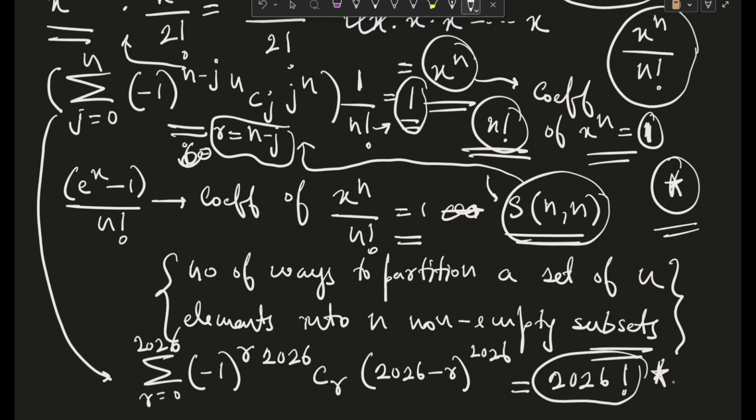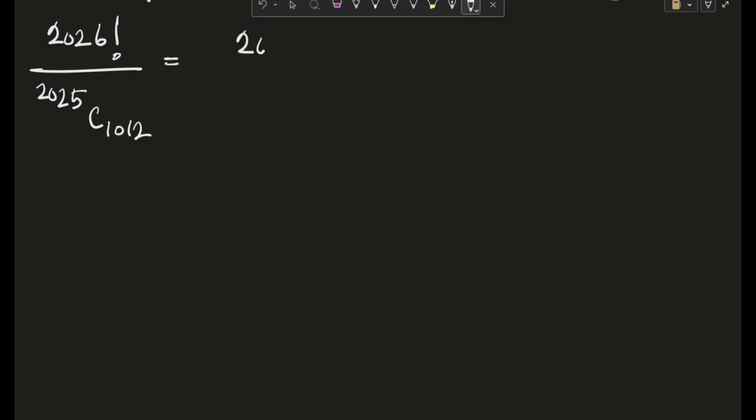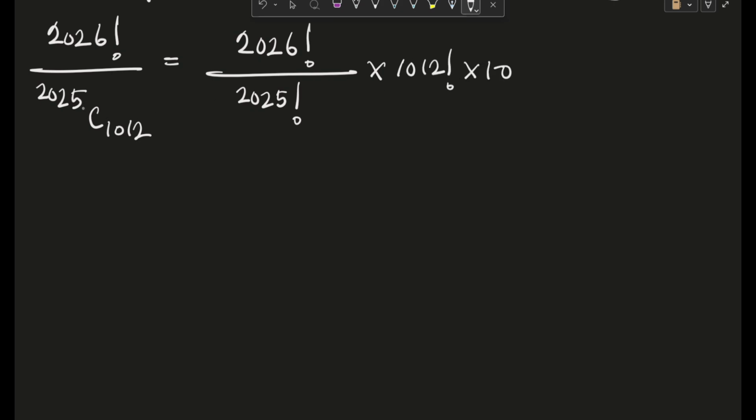So now we can just evaluate the expression and find the answer quickly. This quickly becomes 2026 factorial divided by 2025 C 1012. Now you can do normal factorial breaking: 2025 factorial divided by 1012 factorial and 1013 factorial. 2026 factorial can be written as 2026 into 2025 factorial, so we can cancel this.